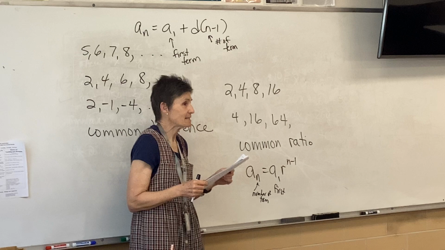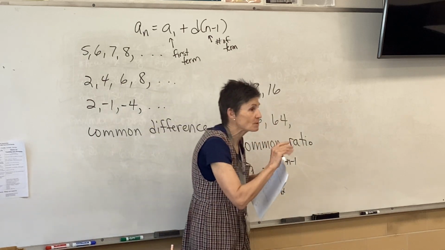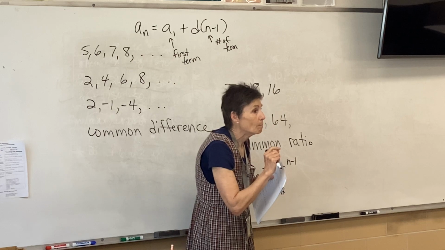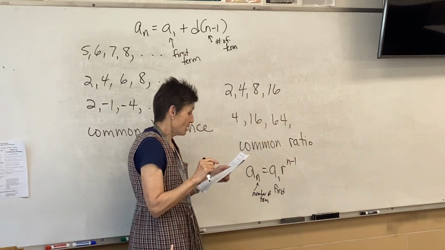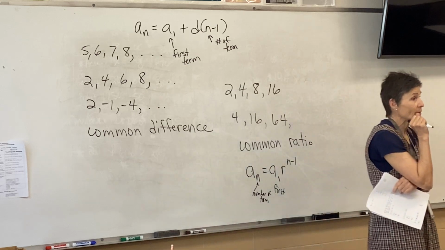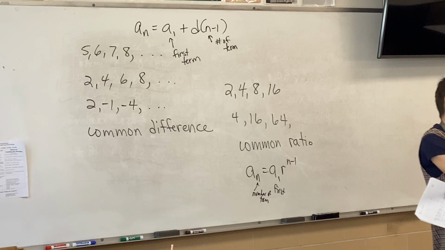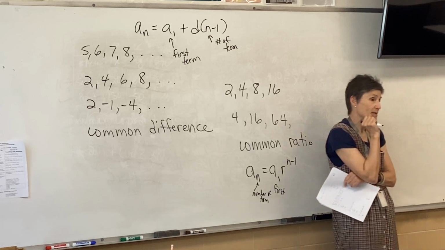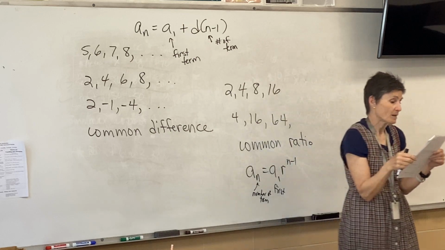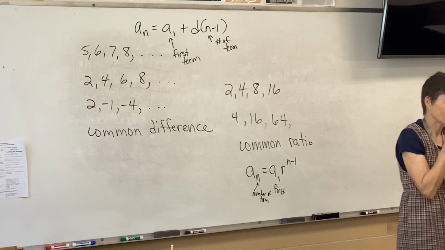Well, we don't really have a sequence that says we divide. Dividing by 2 is the same as what? Multiplying by 1/2. So A is geometric, and the ratio is 1/2. In sequences, we either add or multiply. So sometimes we do fractions to make that happen. So A is geometric, and we are multiplying by 1/2.